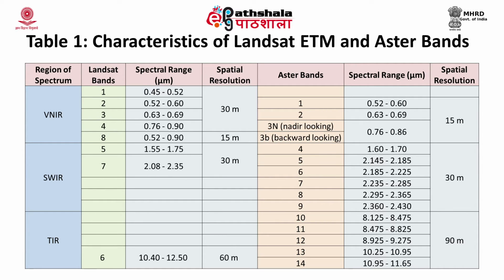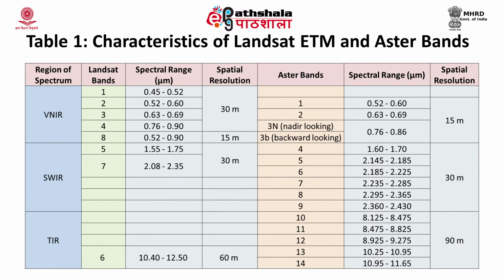So, here you can see the wavelength of electromagnetic spectrum versus reflectance, and in the y axis we have reflectance from 0 to 60%. There we have plotted different materials.